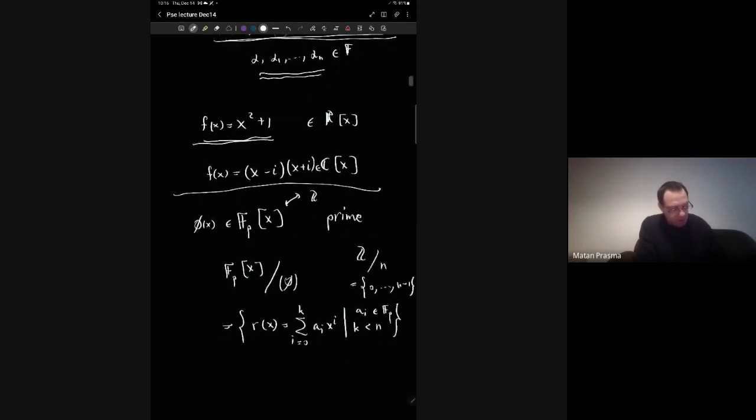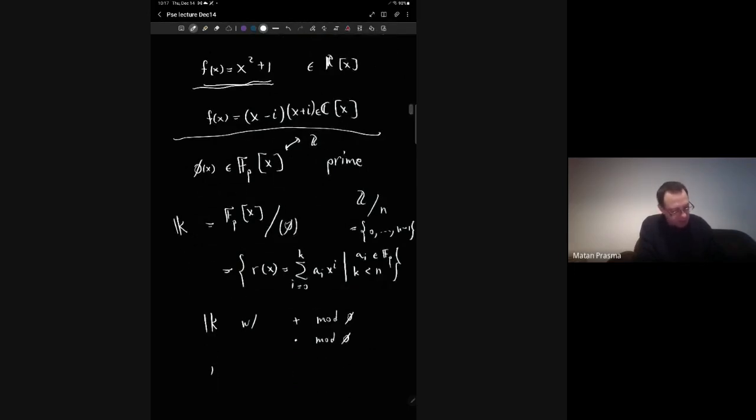And we saw that we can call this K, with addition modulo phi and multiplication modulo phi, and it is a field.